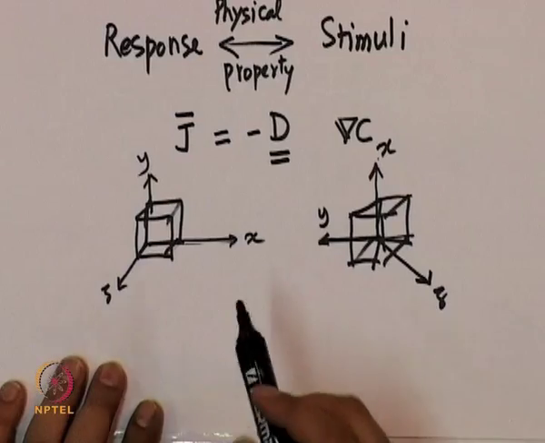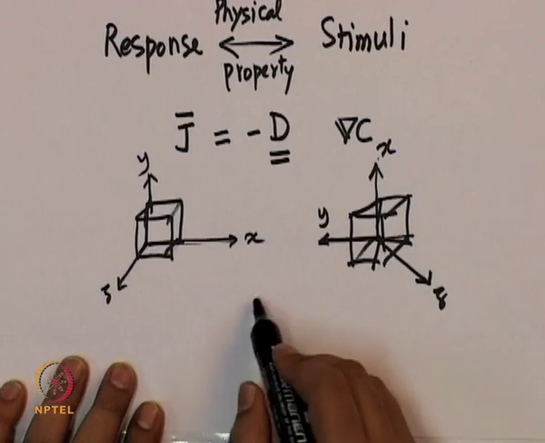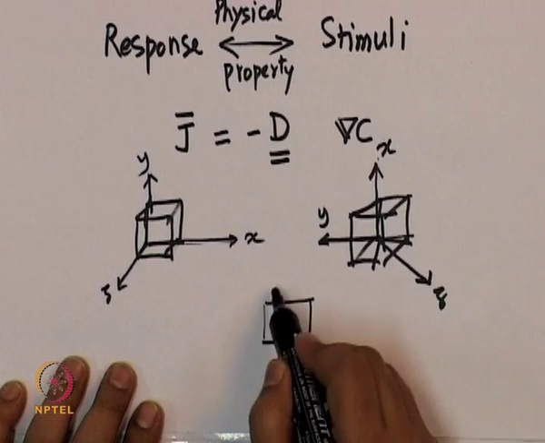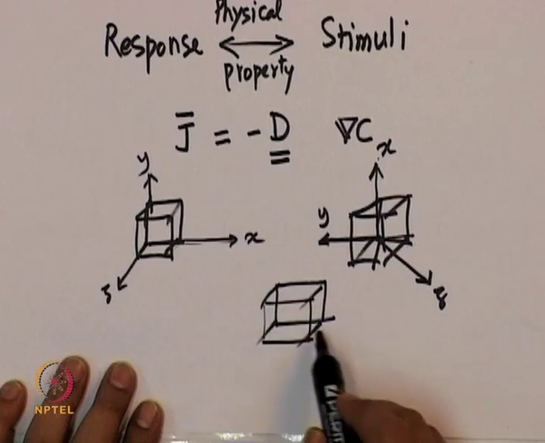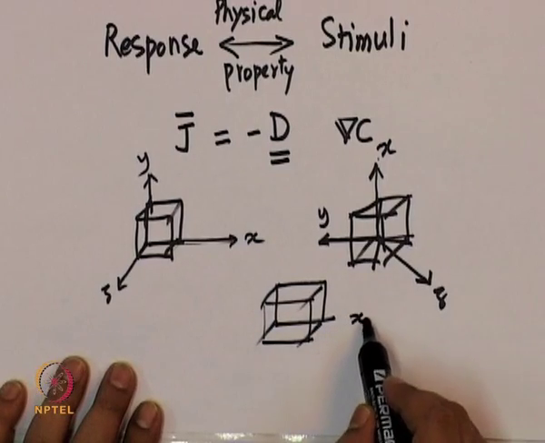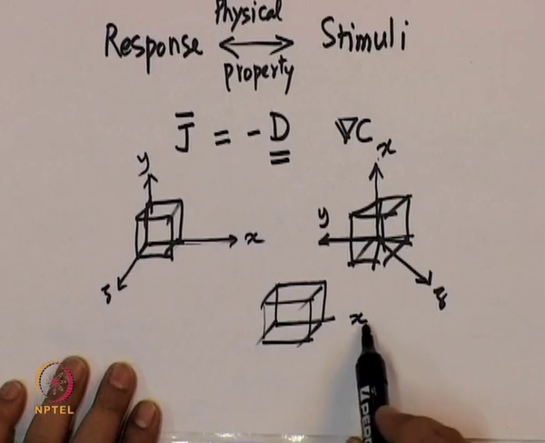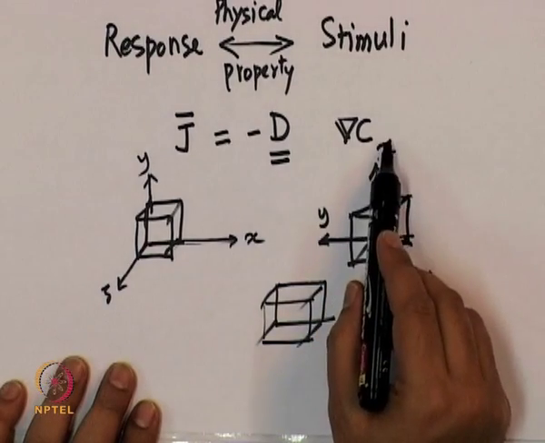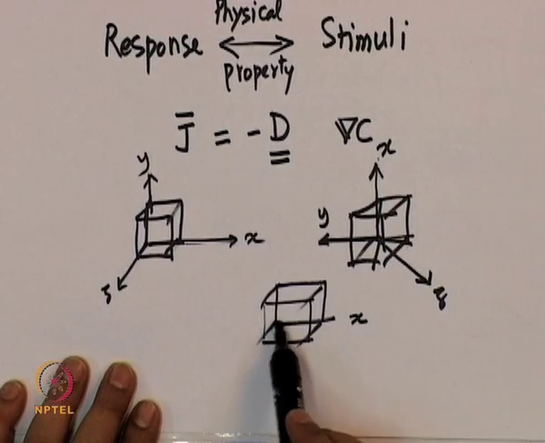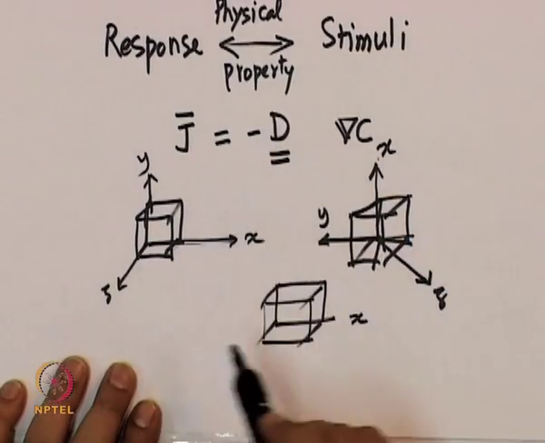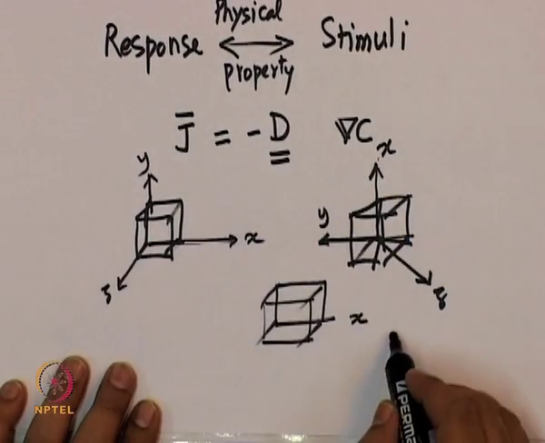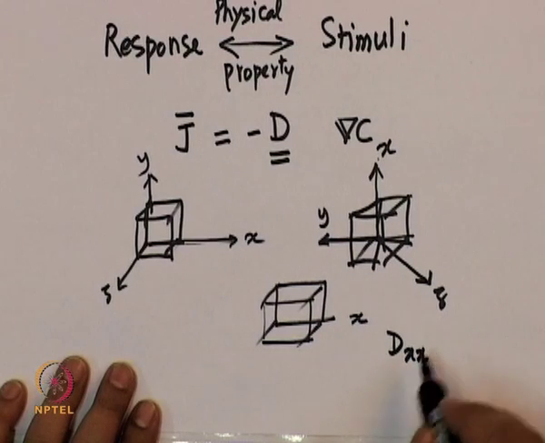Suppose, consider that I am having basically the same crystal, right. I have the same crystal and I decided to call this as the x axis, and then I set up a gradient along this axis and I measured the flux along this axis. So, that was my Jx. So, I will get the diffusivity connecting them, that is basically dxx.